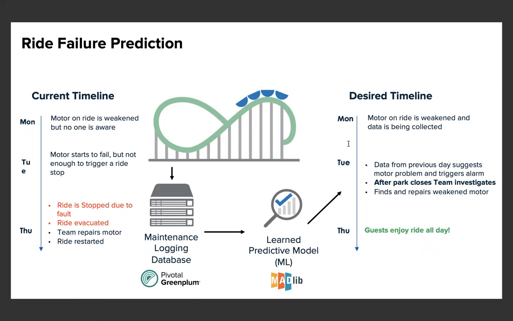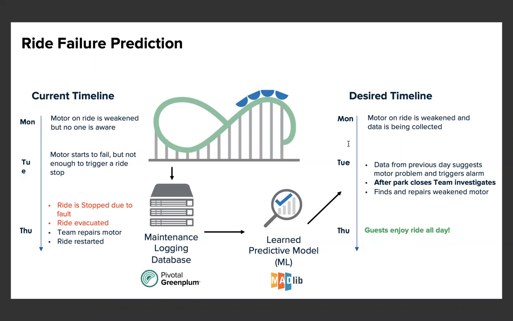GreenPlan could use MADlib or processing languages to do the machine learning on the data and then build the predictive model. For example, on Monday, motor on the ride is vacant and the data is being collected. On Tuesday, data from the previous day suggests the motor problem and triggers a plan.